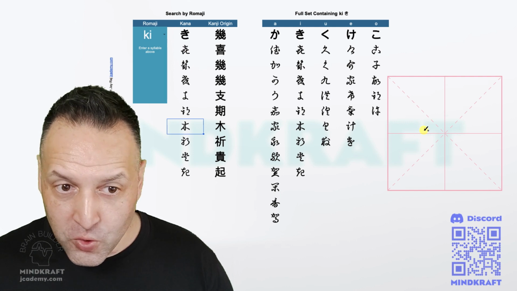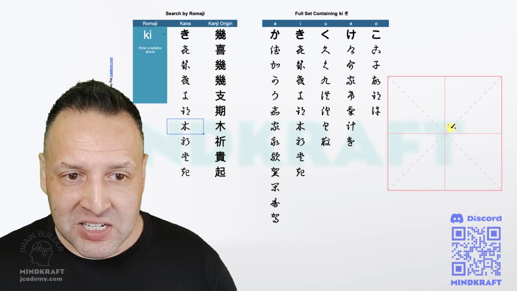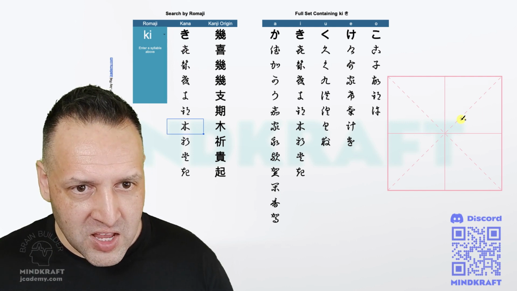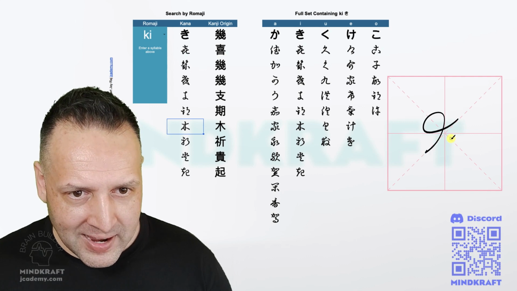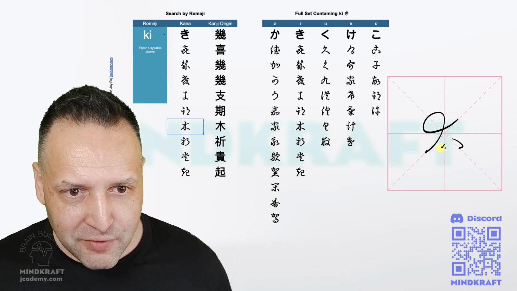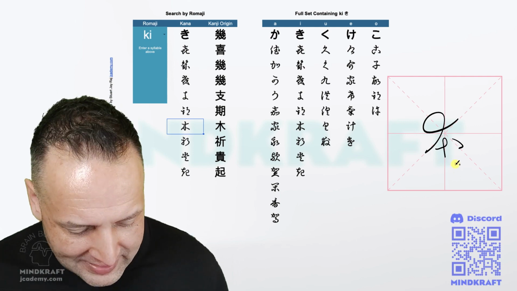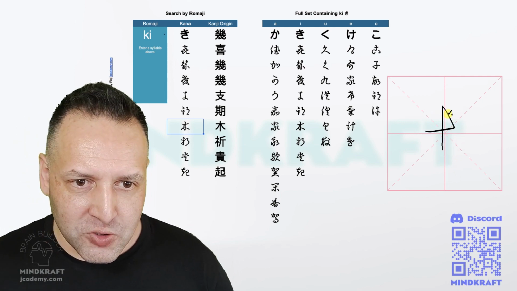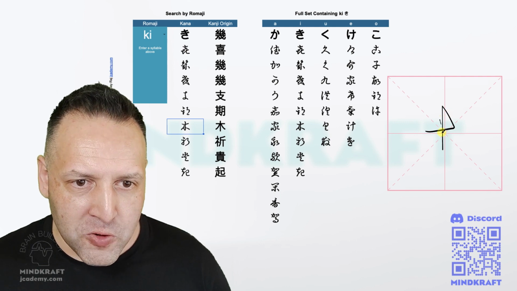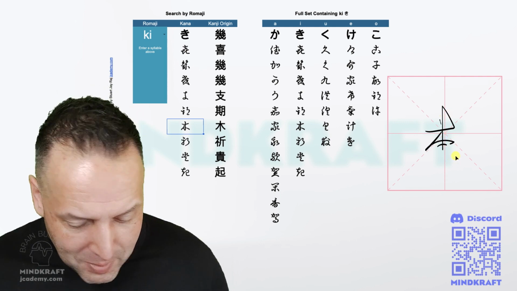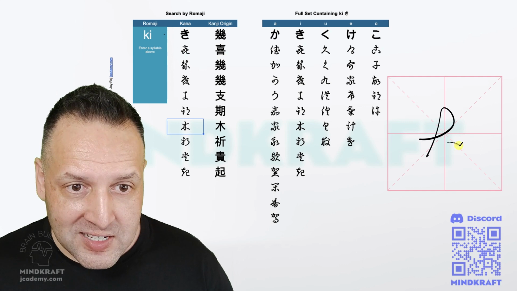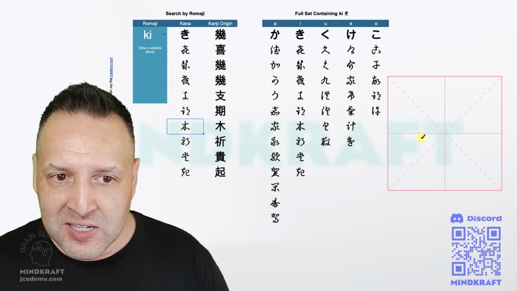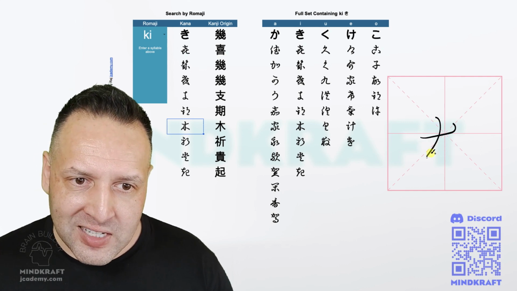Other ways you can do it, which your Chinese or Japanese teacher will just smack you across the wrist. You'll see people do it like this, bang, and then cross there. That is actually a valid form. And then it could be like this, or moto. You will never get a Chinese teacher telling you to do it like that. At the very most, you might see them doing that. But I'm telling you, you will see this in handwriting. And you'll often see it alluding to that, maybe like that.